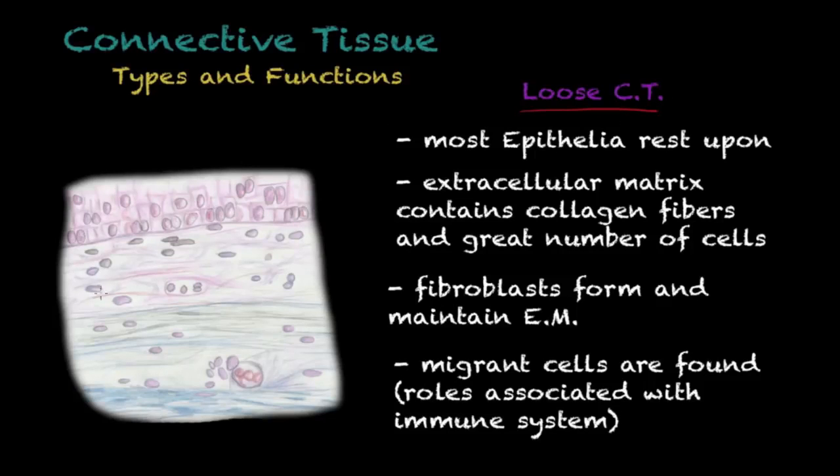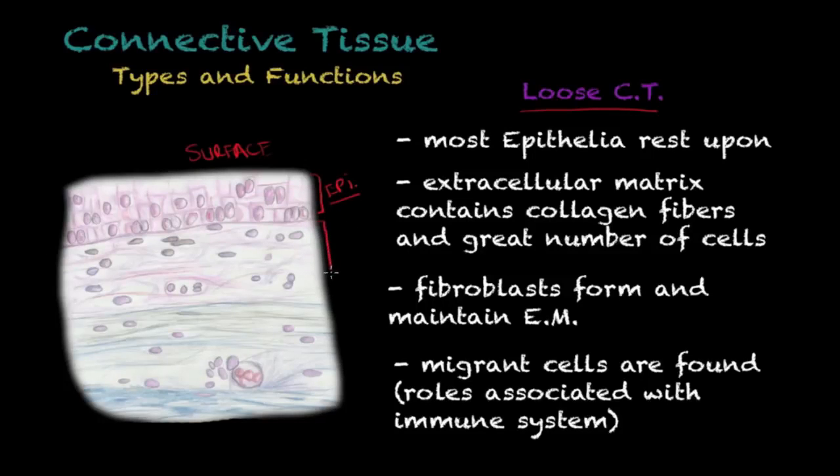If I use my illustration, the image that I explained in the previous slide, I have here a surface, say a surface of an organ, or the outer environment. The first layer that I'm going to encounter is usually epithelium, another type of tissue which covers surfaces of organs, for example.